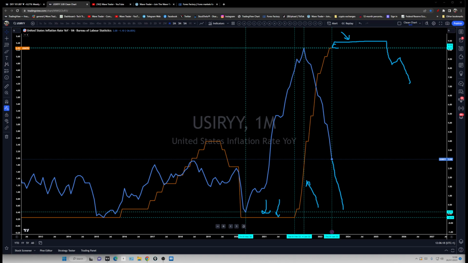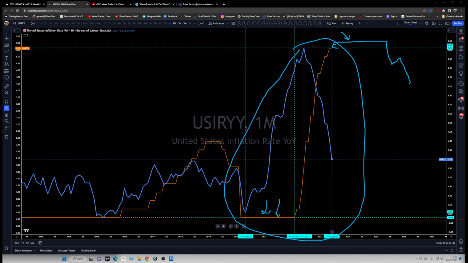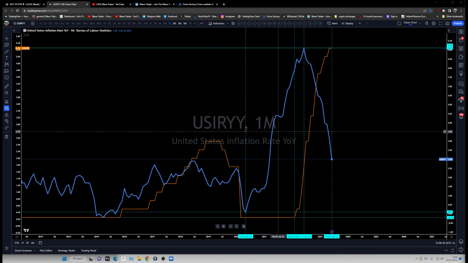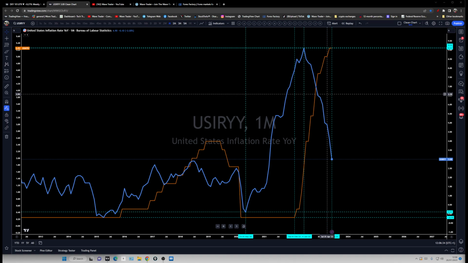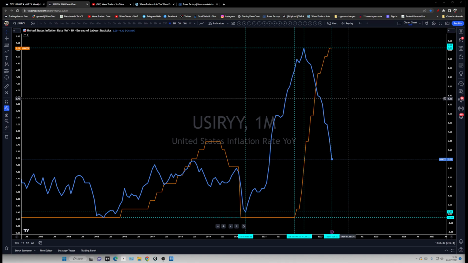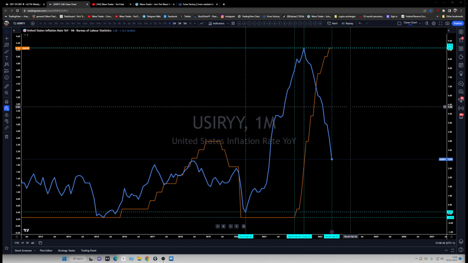If you understand this, these two charts, the inflation chart and the interest rate chart, are telling us that the Fed hiking cycle is about to end. Maybe today is going to be the last Fed hike, the last interest rate hike, and no further hike in the September meeting.